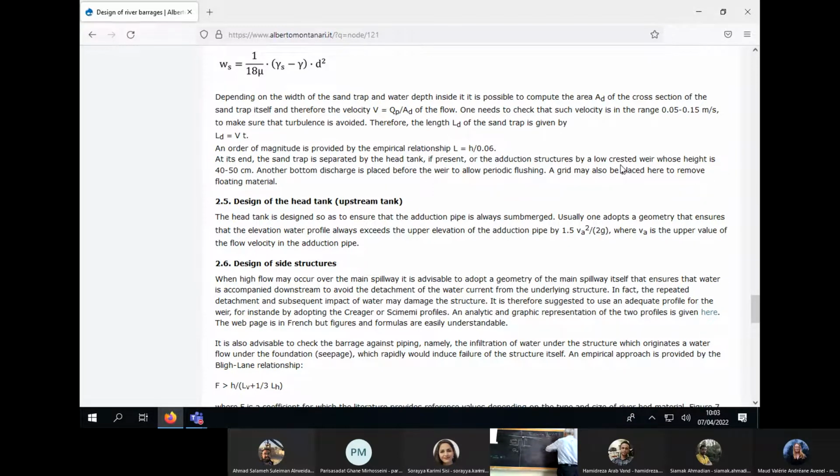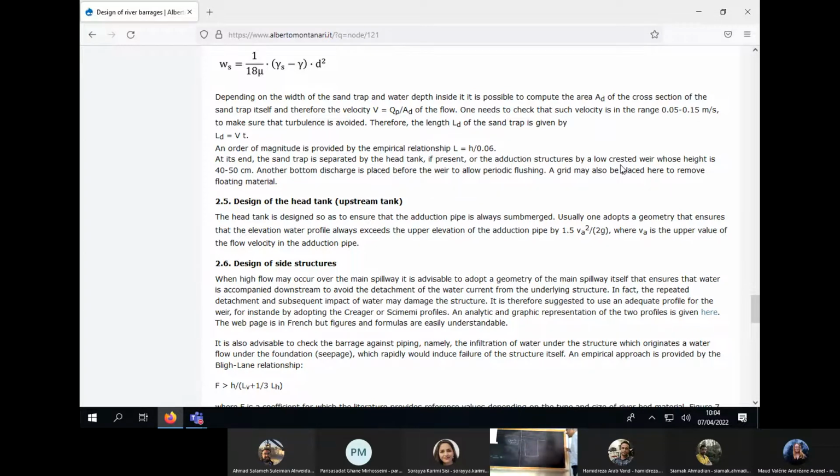I want to make a zoom. So here I have the sand trap. And here I have the head tank or upstream tank.